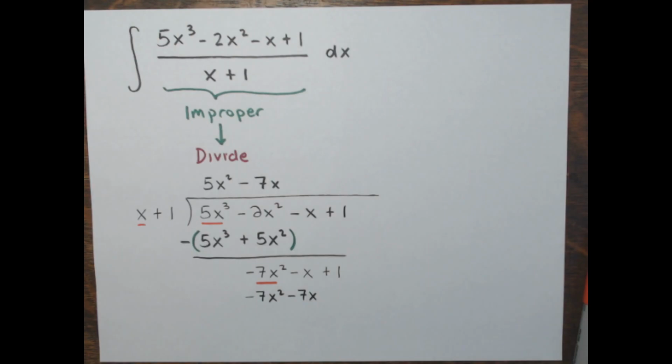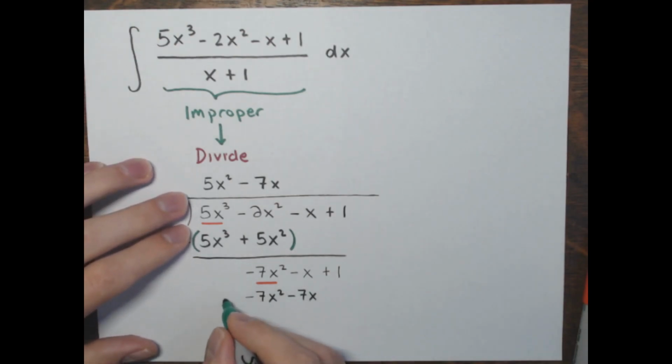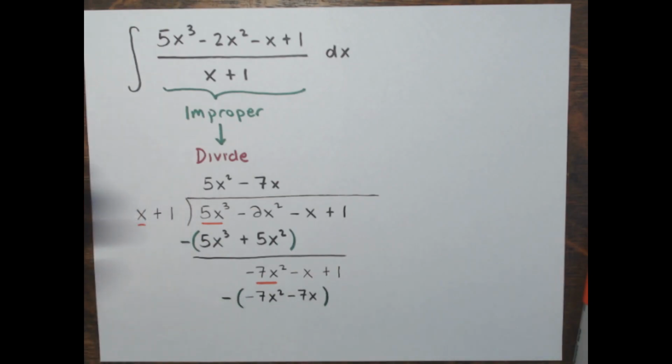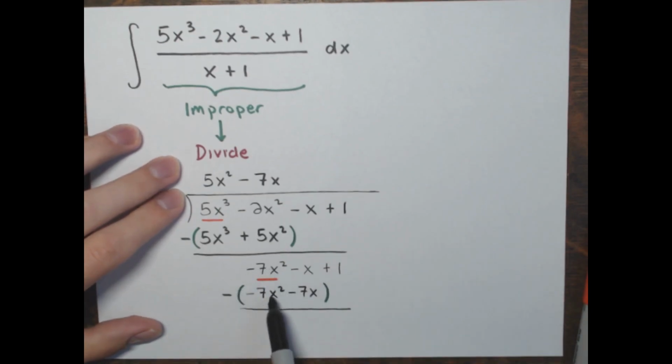So I've done divide, I've done multiply, now subtract. This polynomial I just wrote, subtract all of that, so we'll be distributing the negative here. Subtract all of that from the polynomial above. Now anything minus itself is 0.